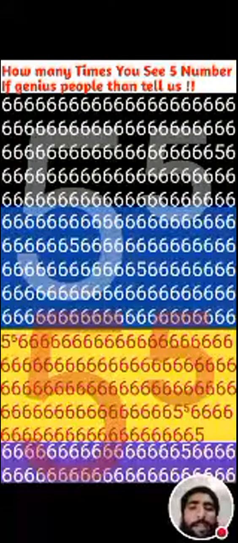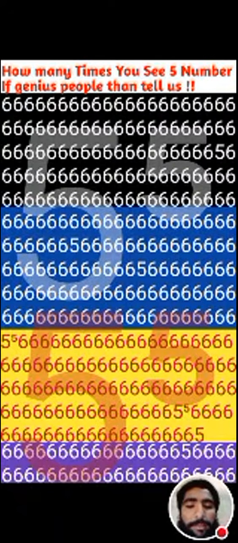When we see the backgrounds, the number 5 appears in low light white, written in big size. This becomes 11, and the same 5 number is also written in a smaller size with low light white color, so it becomes 12.